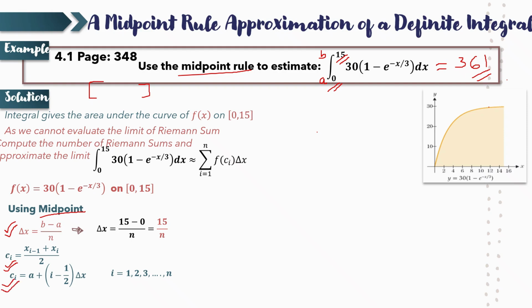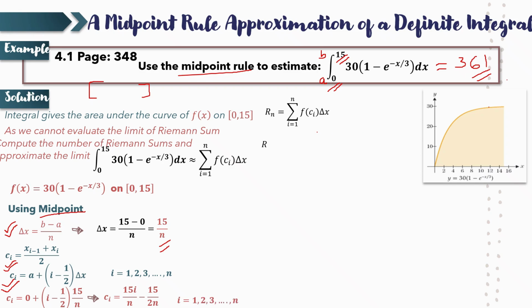You can directly enter that. a is your lower limit 0. Delta x you already found, 15 by n. So (i minus 1/2) delta x is rewritten as (i minus 1/2) times 15 over n.